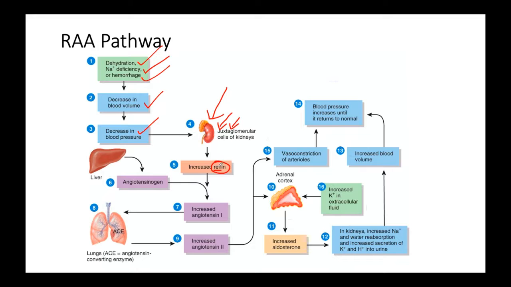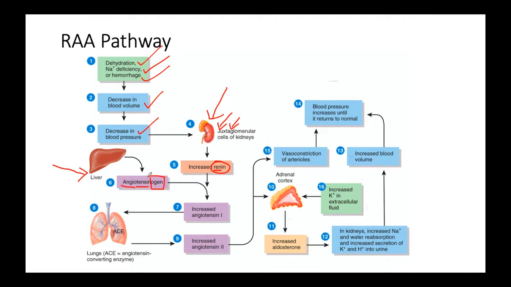What is the function of this renin? The renin has a very, very important function. If you look to the left, we have our good friend, the liver. Now, the liver is releasing this hormone called angiotensinogen.